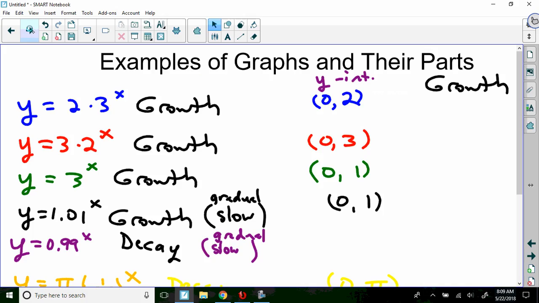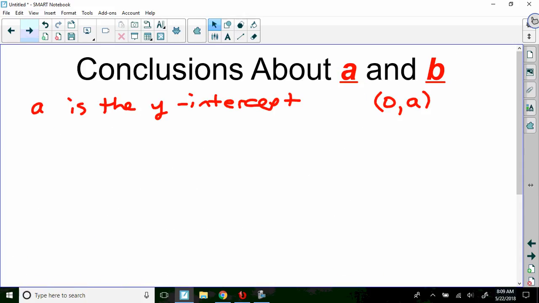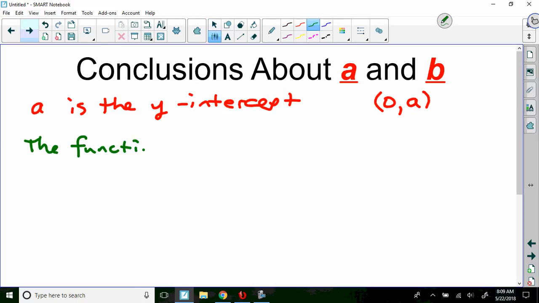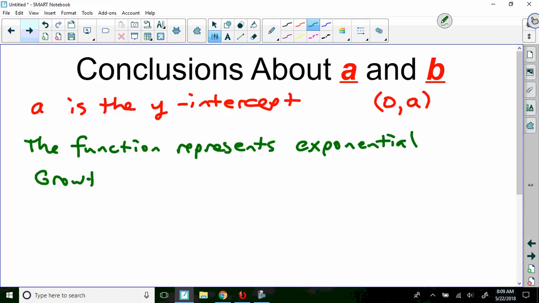All right, so we've seen some examples of the graphs and their parts. We've drawn some conclusions about A. Now it's time to draw some conclusions about B. Let's say this. The function represents exponential growth when the B value is what?